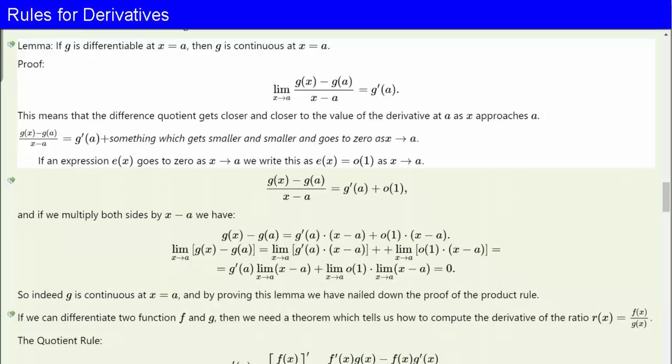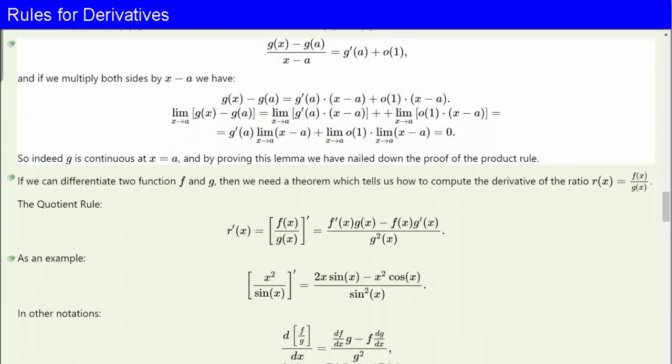So now we can write g of x minus g of a divided by x minus a is g prime at a plus little o of 1. And if we multiply both sides by x minus a, we have g of x minus g of a is g prime of a times x minus a plus little o of 1 times x minus a. Now you can take limits and use the limit laws.